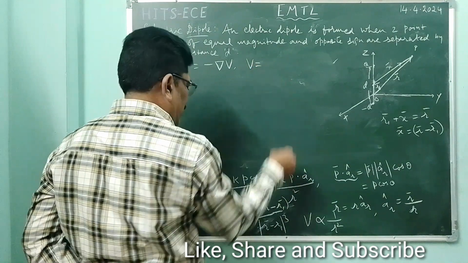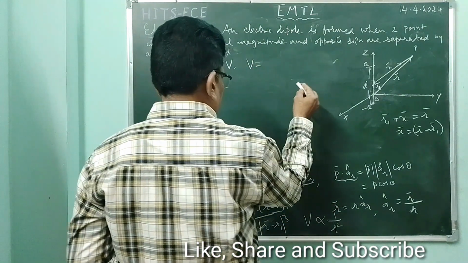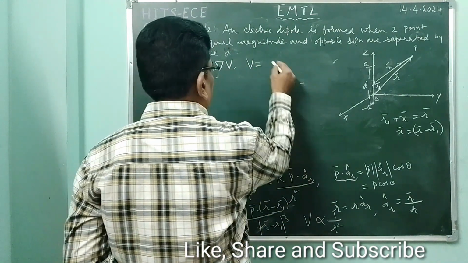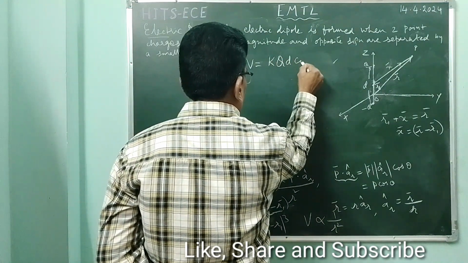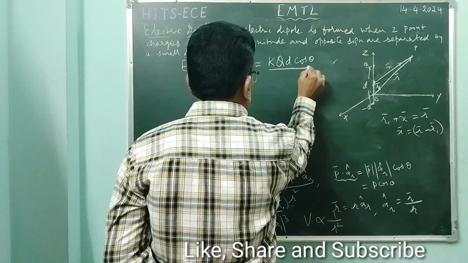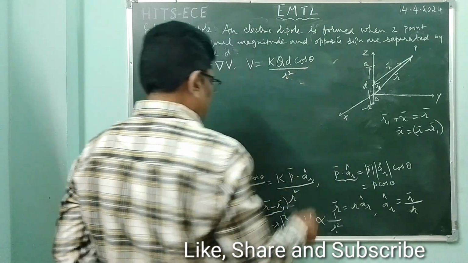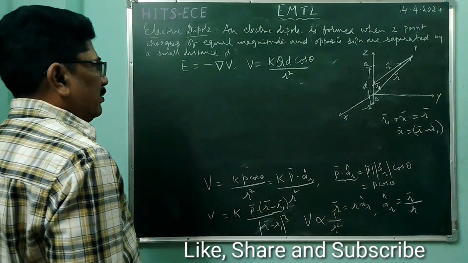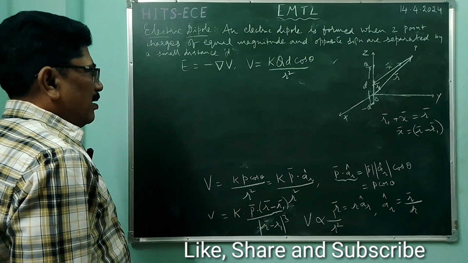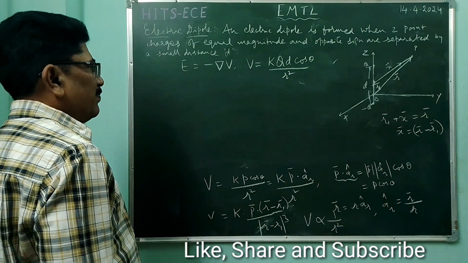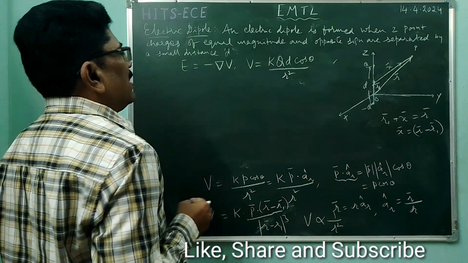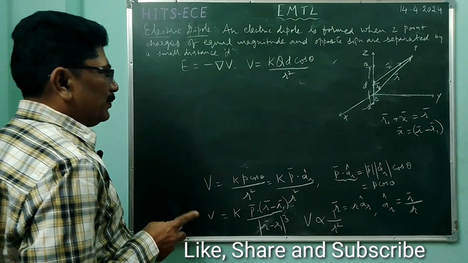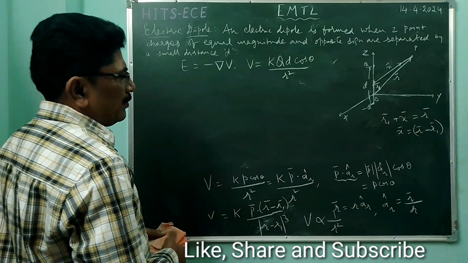Here V is equal to K into QD cos theta by R square, where R is the position vector of the point from the center of the dipole.